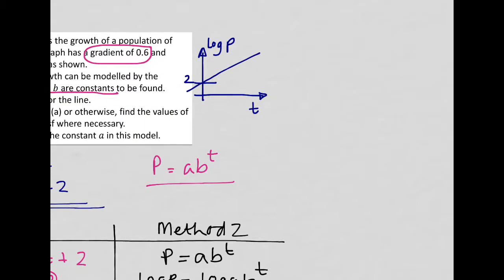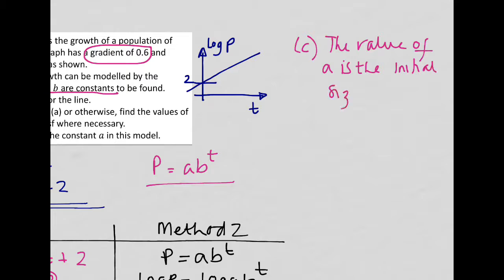So the answer for C is the value of A is the initial size of the population. And you do need to go back, and it's a population of bacteria, by the way.